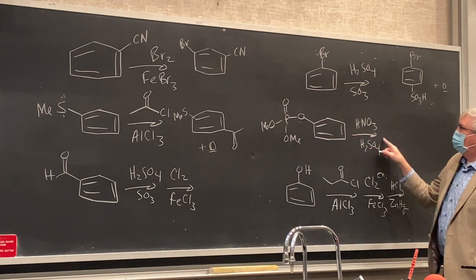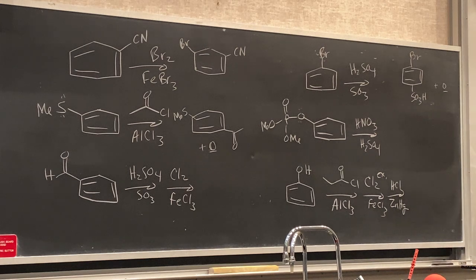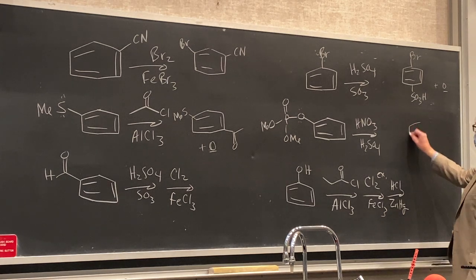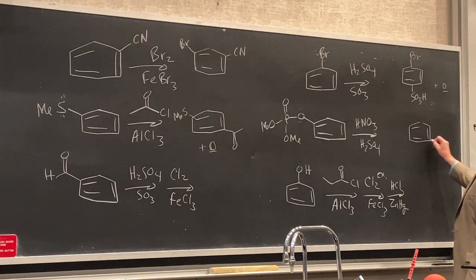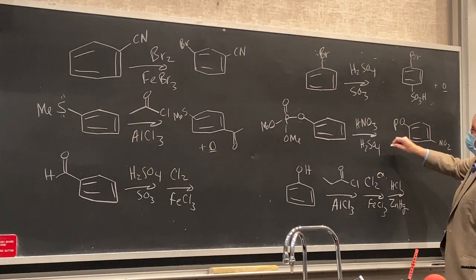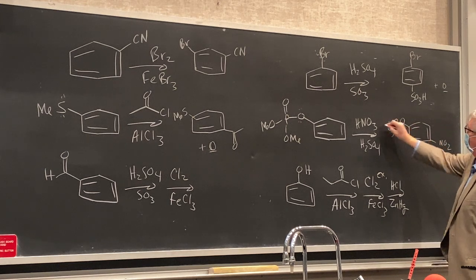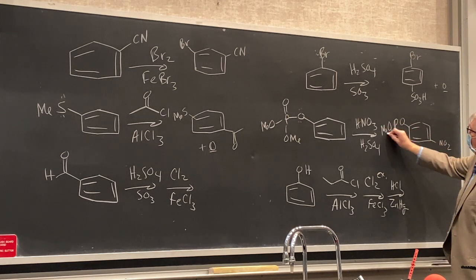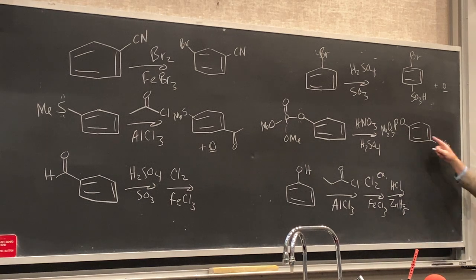So what's your prediction here for nitration of phenol phosphate? What would you say? It must be the ortho-para product. Yep. Yeah, you can get that. I won't draw out the whole thing here. PO3, Me2, whatever the rest of the methyl phosphate. But yeah, you draw that and you can say plus ortho.